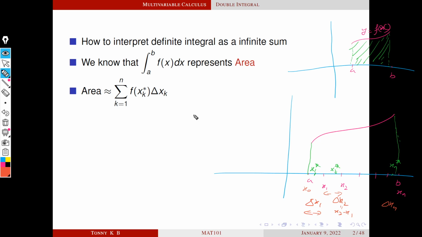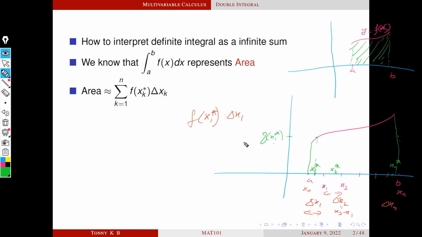Next, you think about f of x1 star into delta x1. It is clear that delta x1 is this length. And what is f of x1 star? f of x1 star means the value of the function at this point, so that is nothing but this height. So this height is f of x1 star.